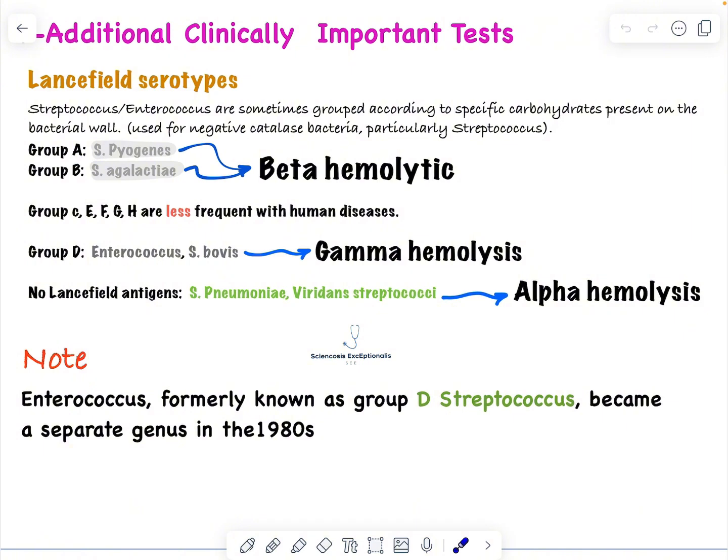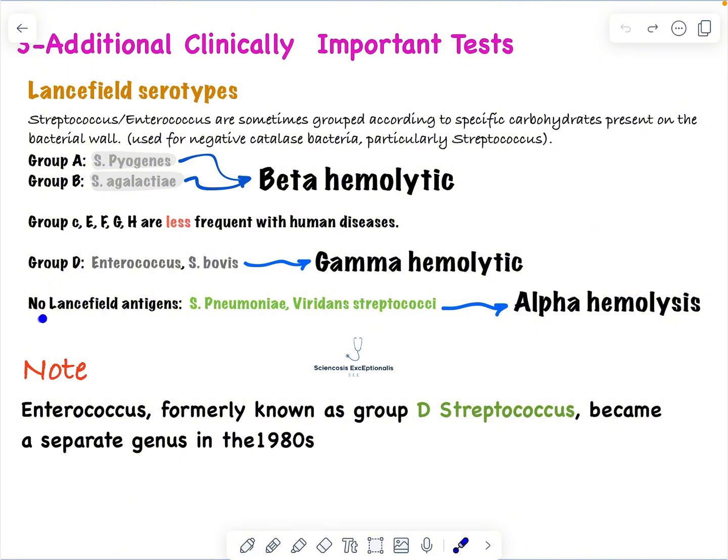Group A as Streptococcus pyogenes, Group B as Streptococcus agalactiae, Group D as Enterococcus and Streptococcus bovis, and the non-Lancefield bacteria, those bacteria which don't have these specific carbohydrates on their cell wall, as Streptococcus pneumoniae and viridans streptococci.